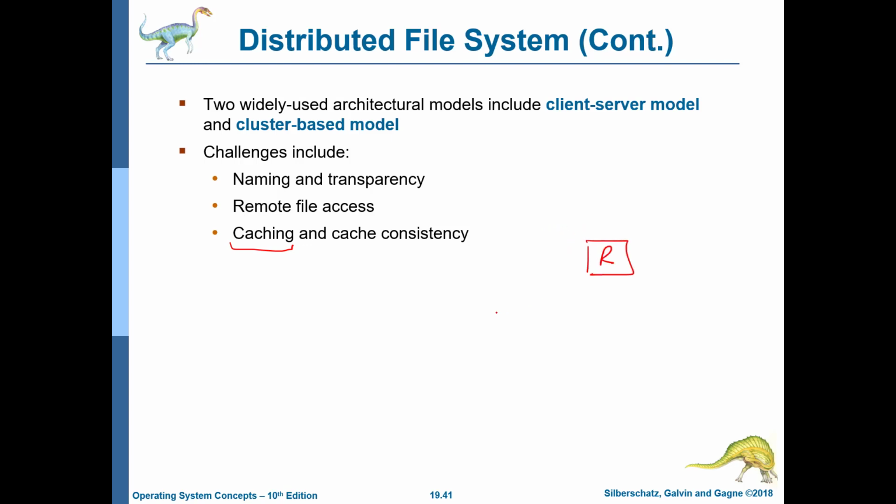If there is a remote machine and a local machine, and a process running locally is reading a file, we don't want to make a network call to the remote machine for every byte. Instead, we would like to cache a part of the file locally and keep reading it from there. But the problem that can arise is that if two local machines are working on the same file, they can make conflicting modifications to the same file block, and then the issue of consistency and correctness comes up. So this needs to be handled.